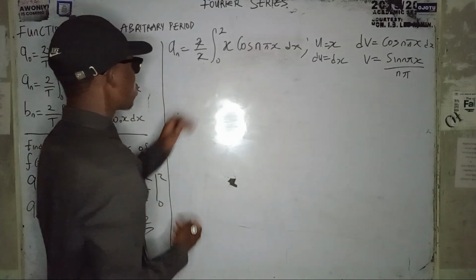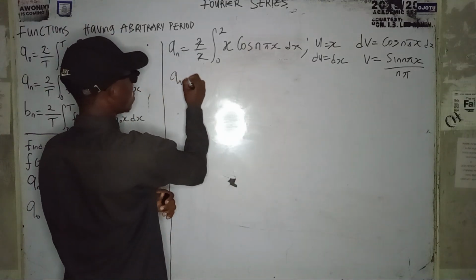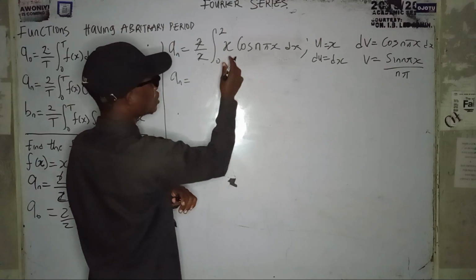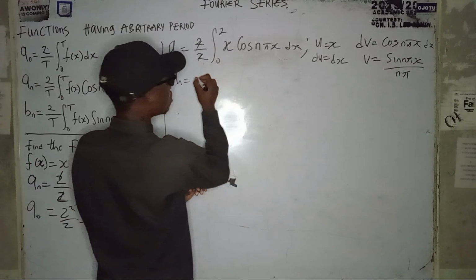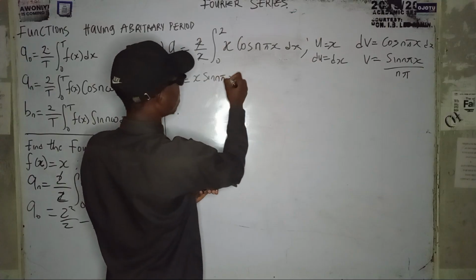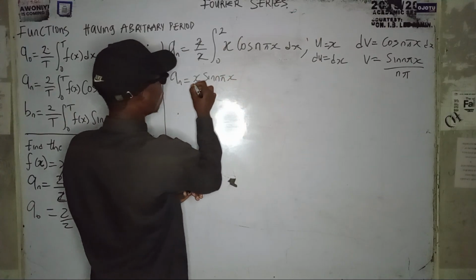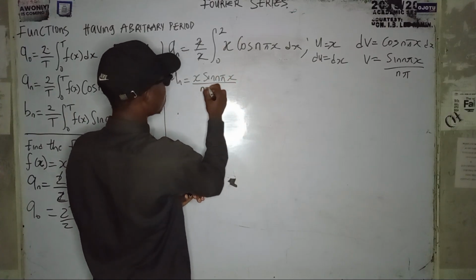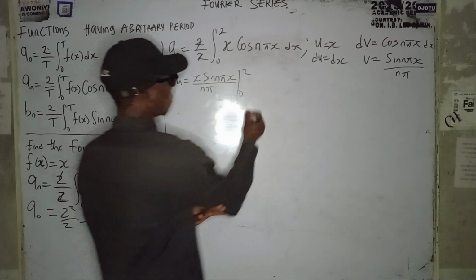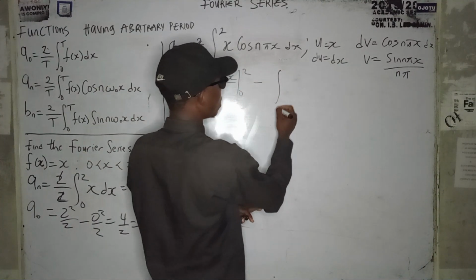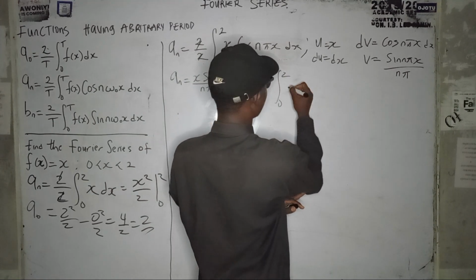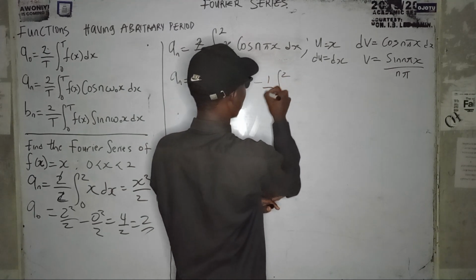Now we just use it here, where our a n is equal to uv, which is x sine n pi x over n pi from 0 to 2, then minus the integral from 0 to 2 of v du, which is 1 over n pi.